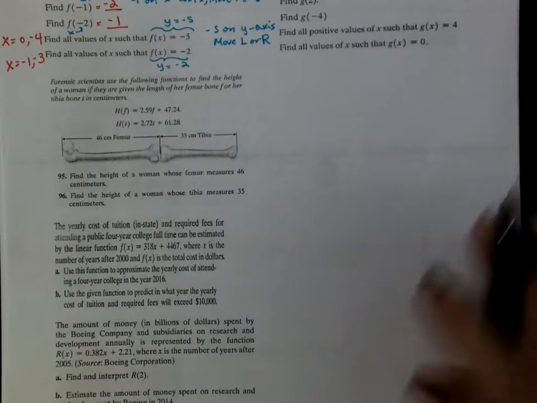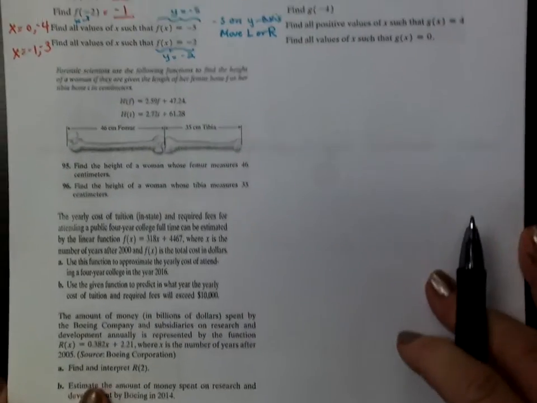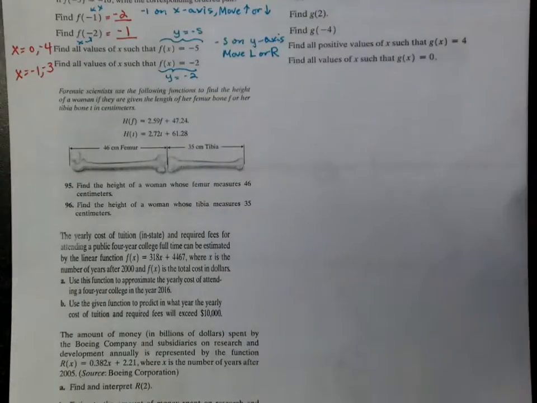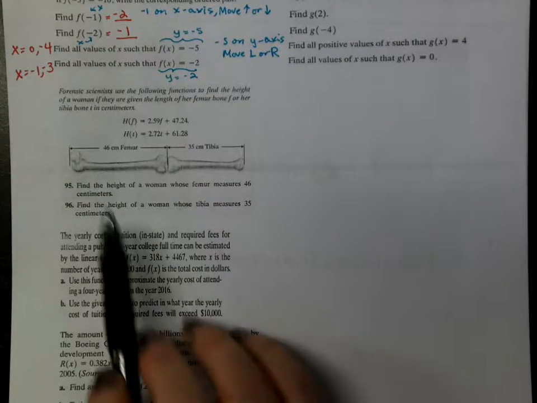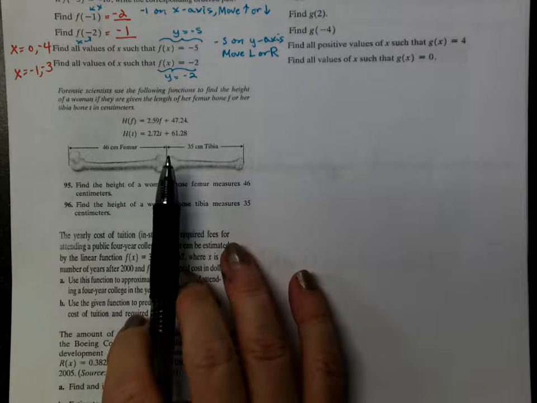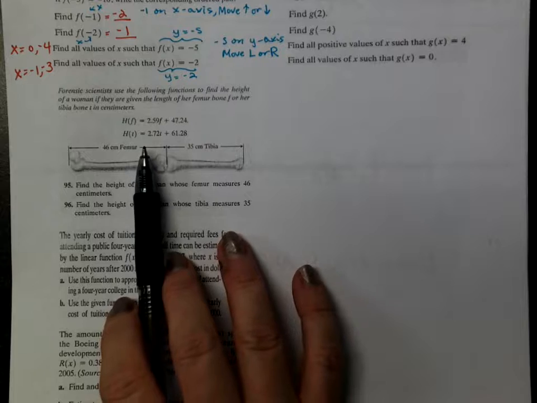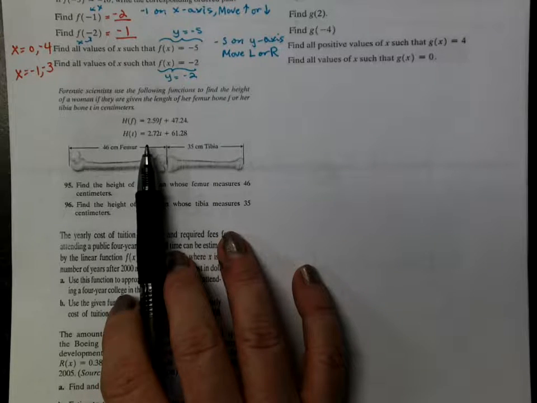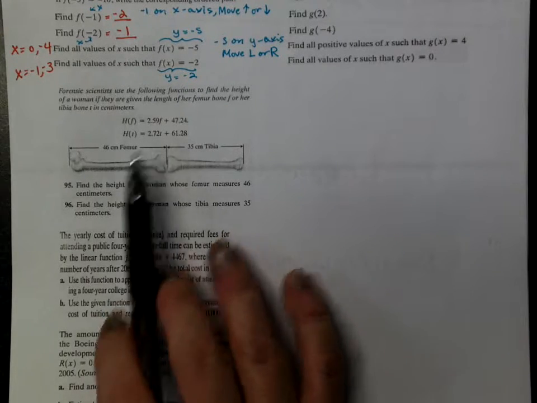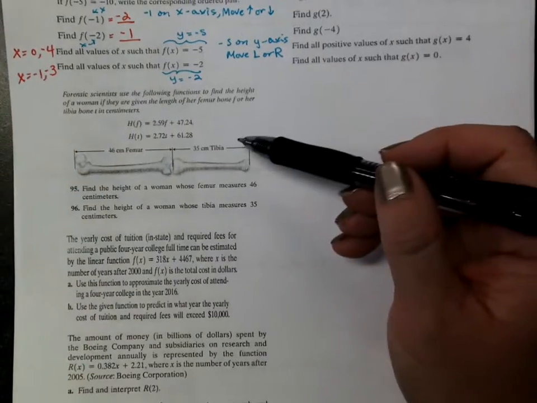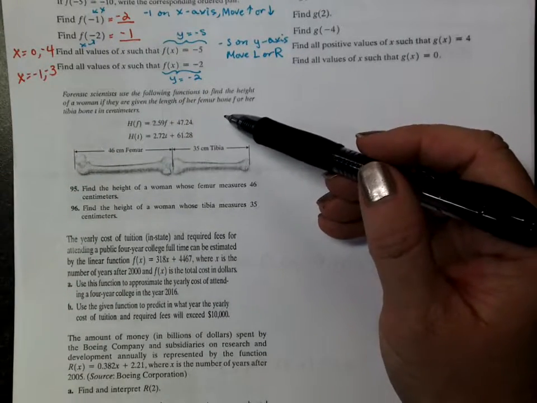So where we left off was looking at some applications. We looked at function notation, understanding functions, and how they actually help us in real-world situations. Lots of things in the sciences, social sciences, hard sciences, medicine, and so on are modeled by functions. You need functions to model situations like dosages of medicine, or in this case, anthropology, where a forensic scientist studies bones.